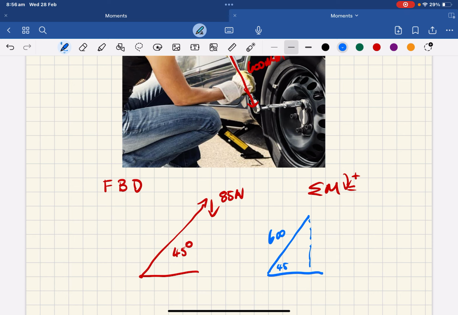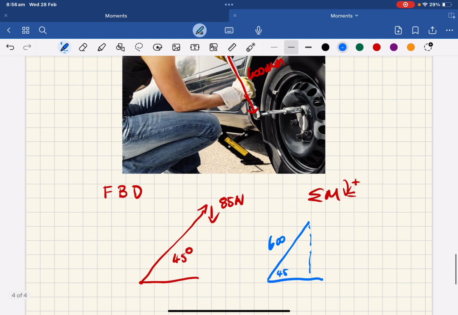So we can say that the perpendicular distance in this case of the force, because the force is going this way, the perpendicular distance we want to find is this bottom one here, which we're going to call x. So the perpendicular distance, this is just a bit of trig.